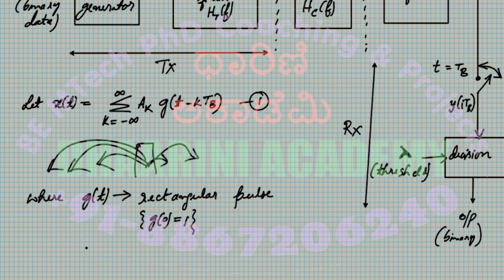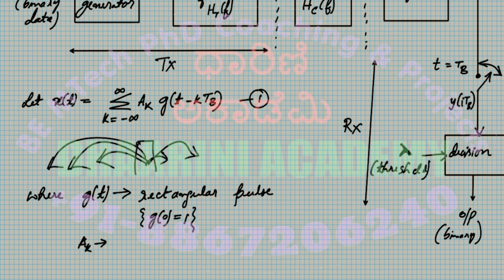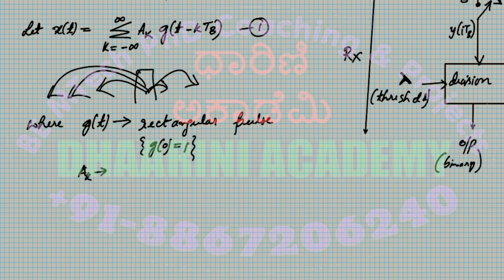Okay, then what is a_k? a_k is a random variable which takes plus A for symbol 1 and minus A for symbol 0.